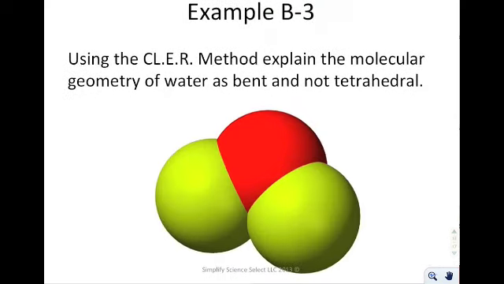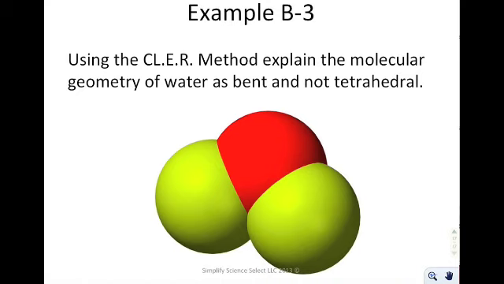And finally, it says, using the CLEAR method, explain why the molecular geometry of water is bent and not tetrahedral. The reason is that the lone pairs provide a greater repulsive force, depressing these hydrogens down and making the bond angles not nearly as equal as they would be in a tetrahedral molecule.